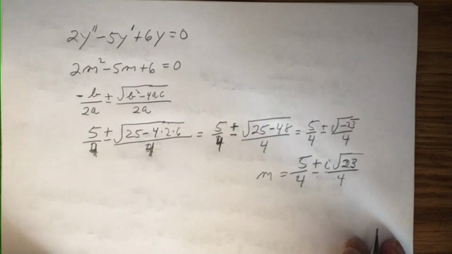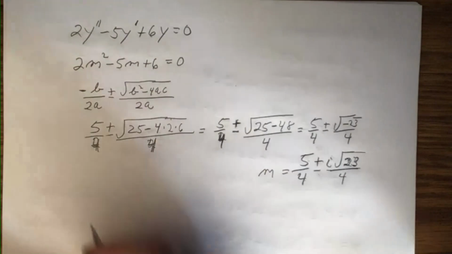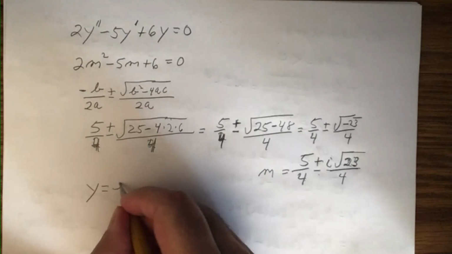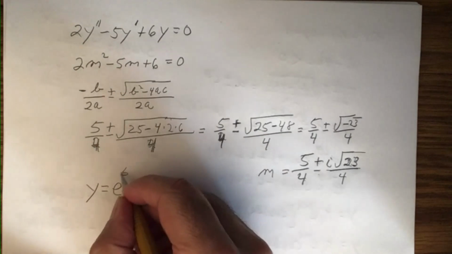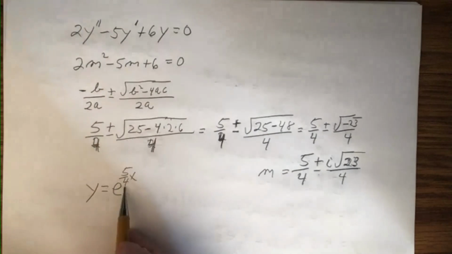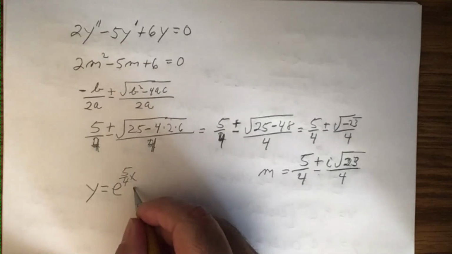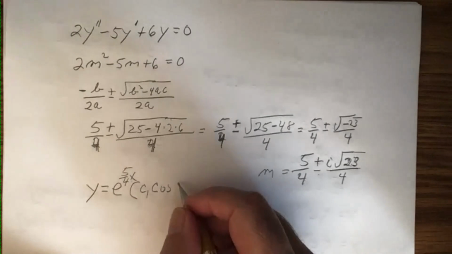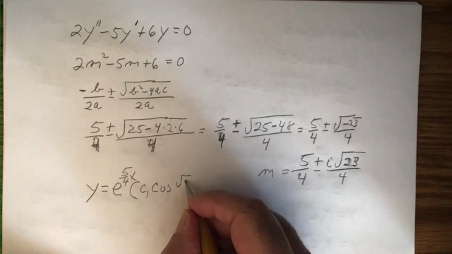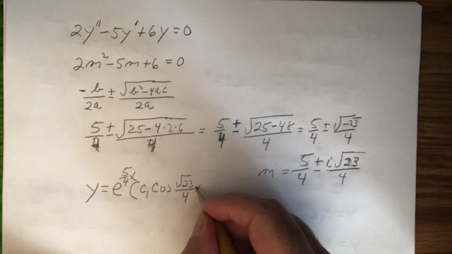So the solution to my differential equation is e to the 5 over 4 x, that's what I put in for the exponential, and then I can write this as C1 times the cosine of the square root of 23 over 4 times x.